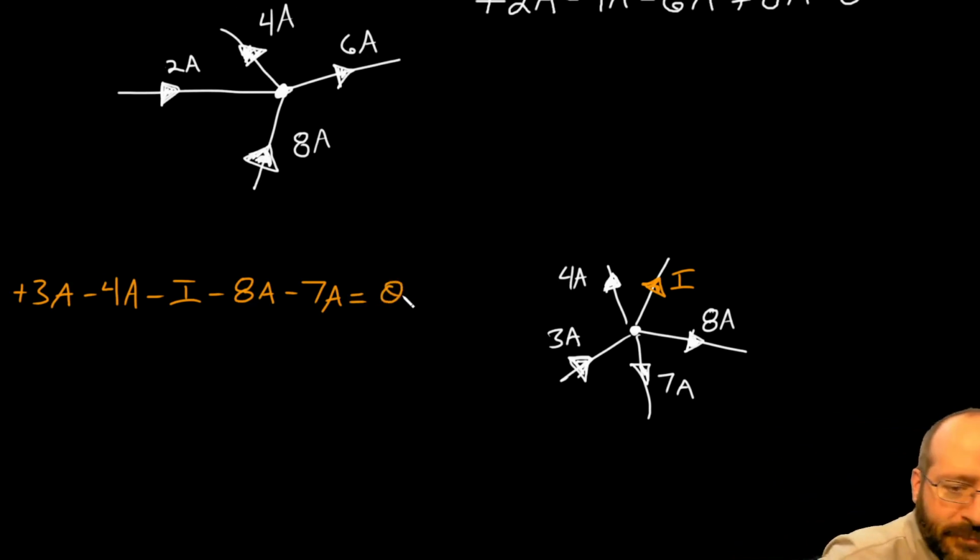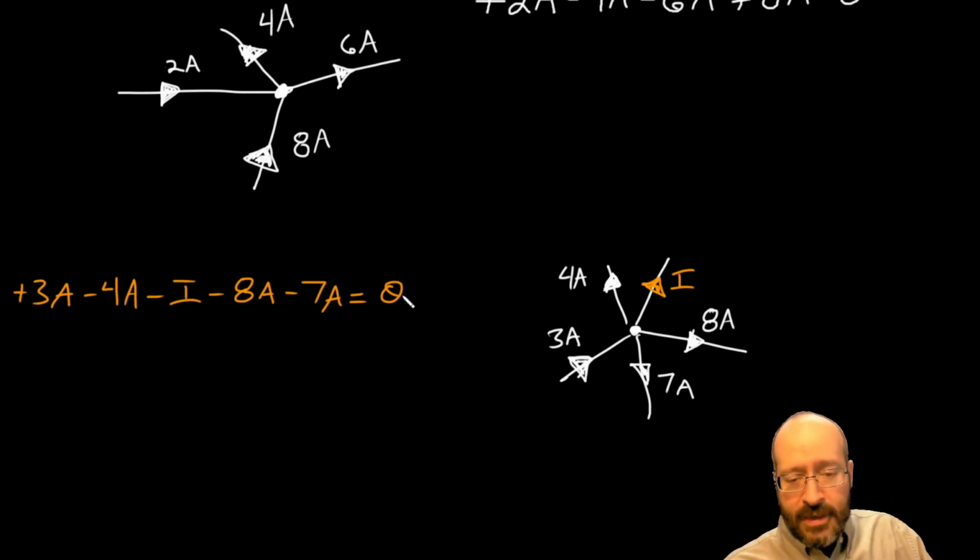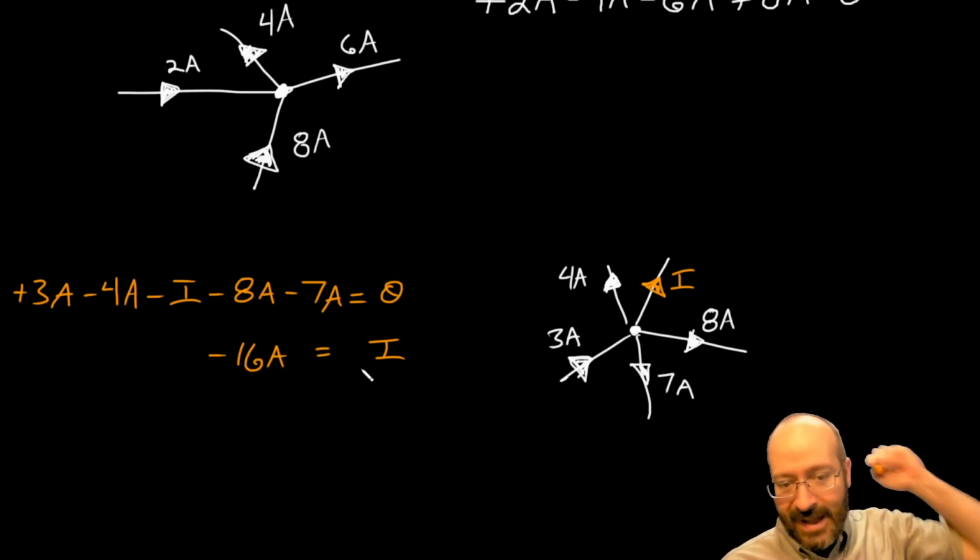Okay. One equation, one unknown. Go ahead and solve it, and you know the unknown. Okay, so I is going to come over to the other side, and we've got minus 4, minus 8 is negative 12, minus another 7 is negative 19, plus 3 is negative 16 amps. And that's equal to I.